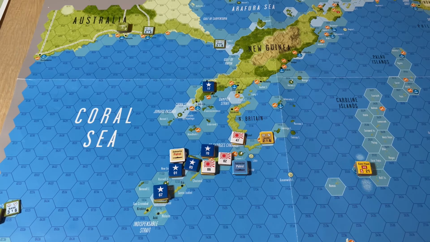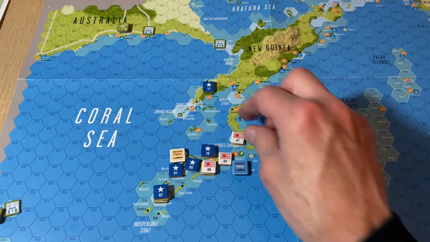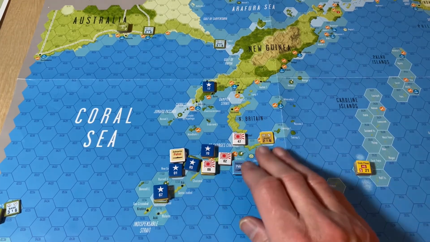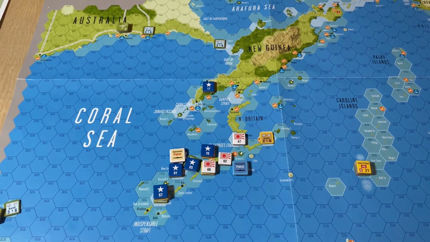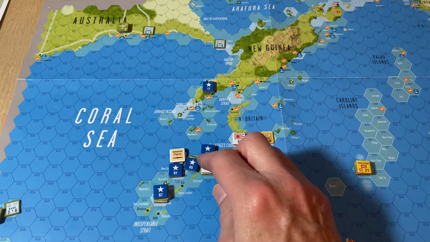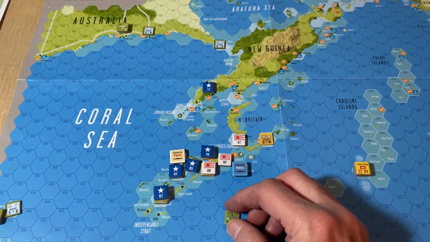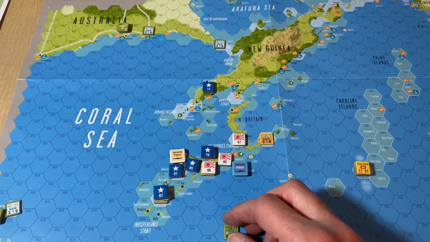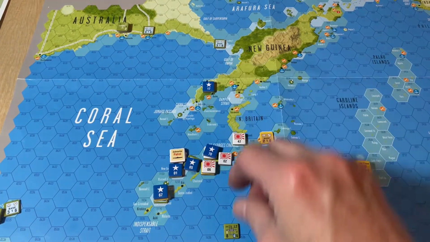And Japan actually goes down to 10. So the most that Japan can do is maybe a little bit of reinforcement and get the carriers involved for some harassment of any more landings that they might have, and of the attacking force here where 70 is in Bougainville.